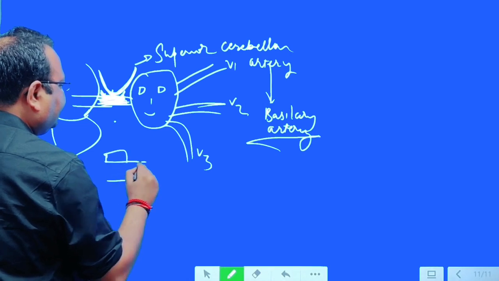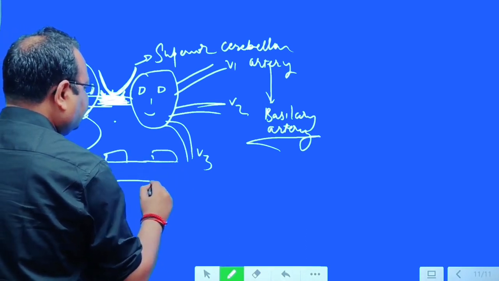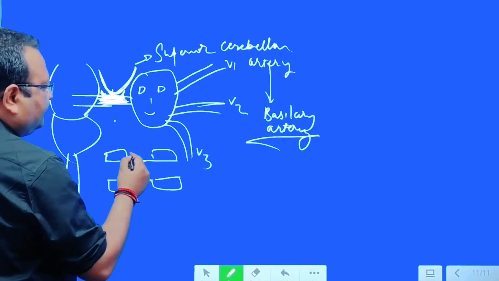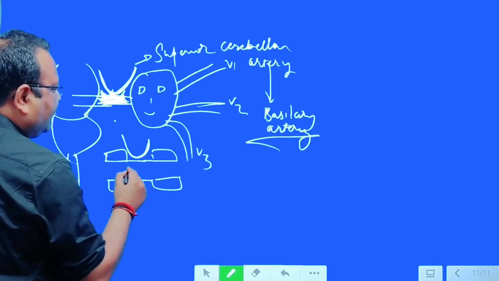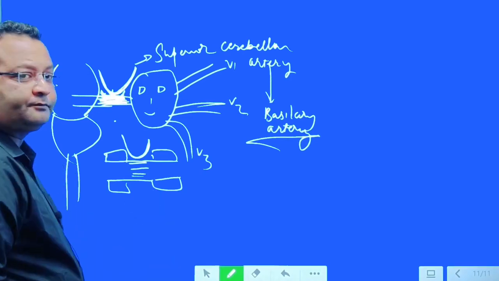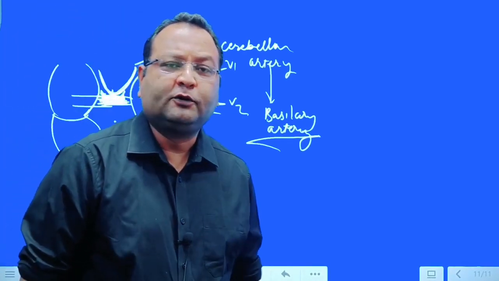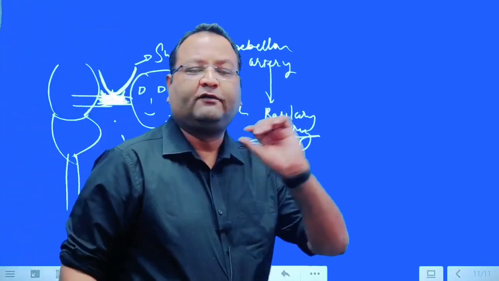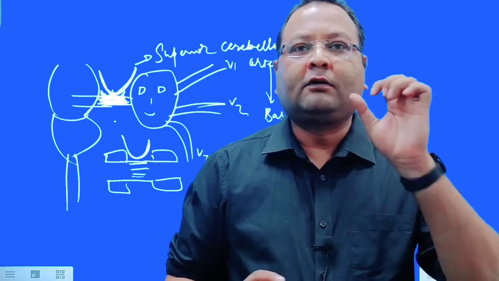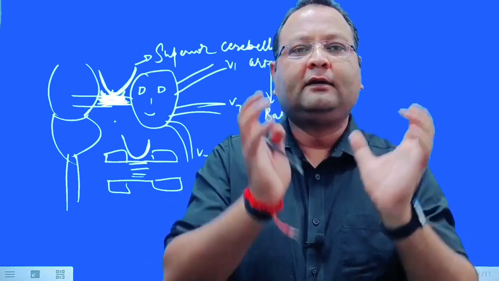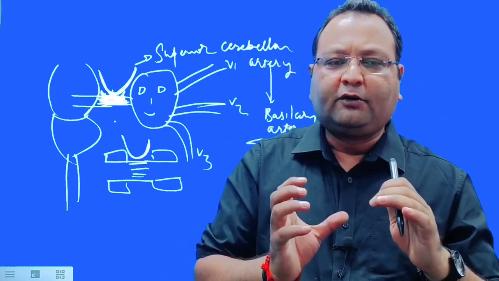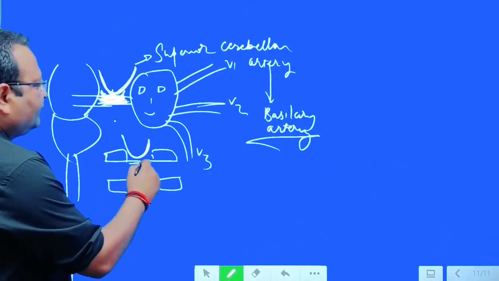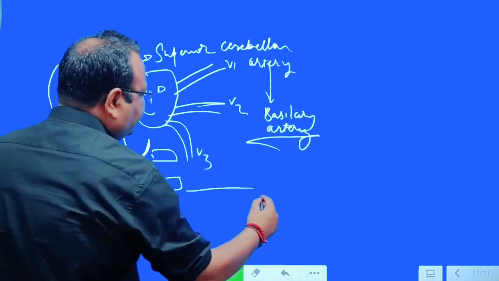So you can see the myelin sheath is removed, and the vessel is here, and the neurons are exposed. You can take the example of a wire which contains a copper wire covered by rubber tubing. If you remove the rubber tubing, the copper wire is exposed, and there are chances of short circuiting.